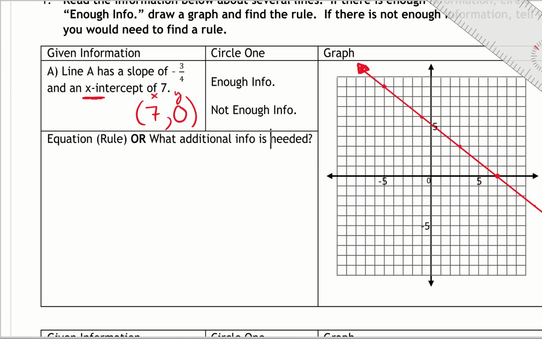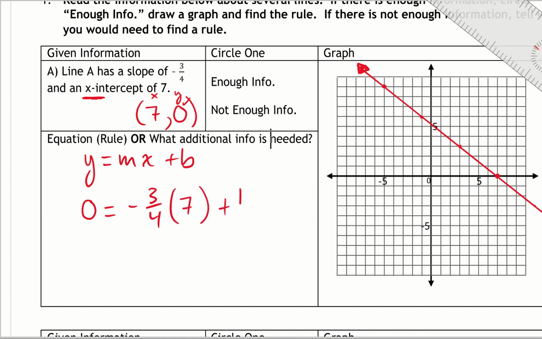We have enough information here to write the equation of this line. So let's plug what we know into y = mx + b, the slope-intercept form of an equation. I plug in the y value of 0 from this point, my slope of -3/4, and my x value of 7, and then plus b.